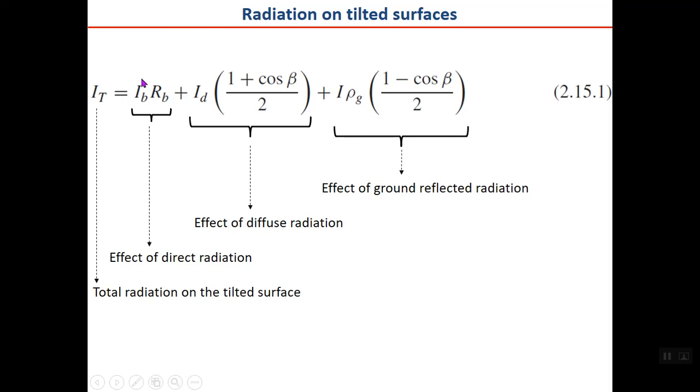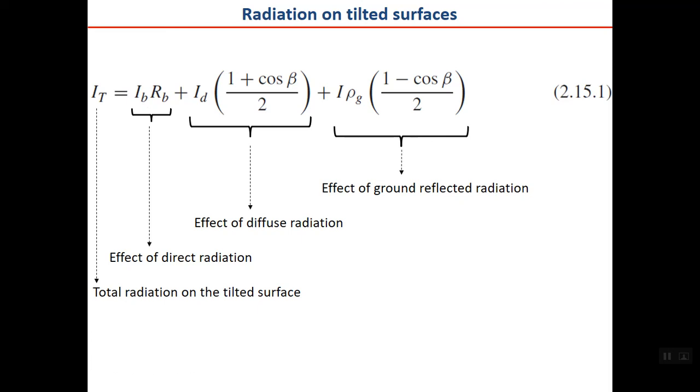So this part shows the effect of direct radiation on the tilted surface. This section shows the effect of diffuse radiation, and the last shows the effect of ground reflected radiation. As you can see here, for example, for the first one, it is IB multiplied by RB. What is IB?